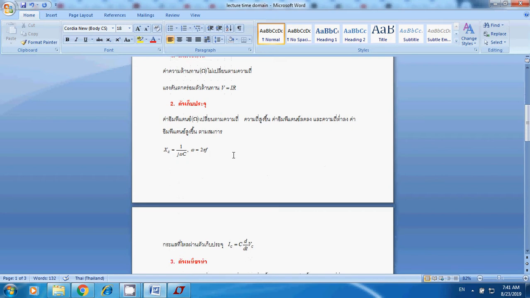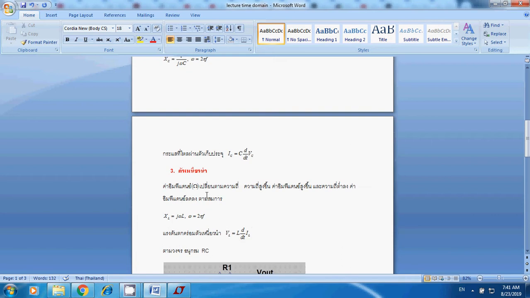For the capacitor, the impedance follows the equation 1 over j omega C, and omega equals 2 pi f, where f is the frequency. And for the inductor, the impedance is going to be j omega L. So that's why when the frequency increases, the impedance also increases, right?